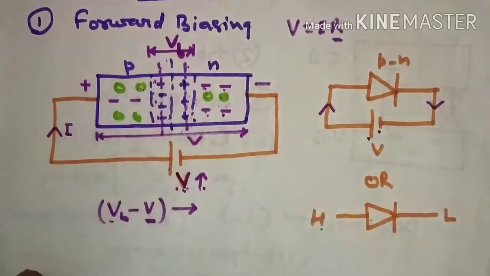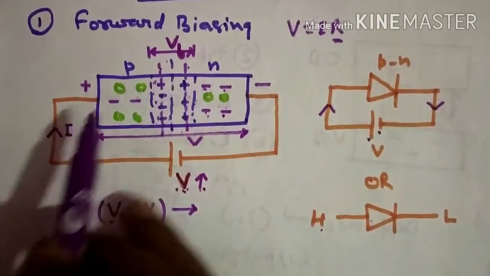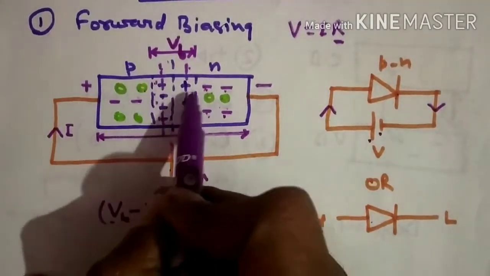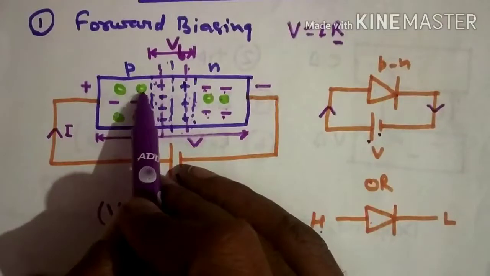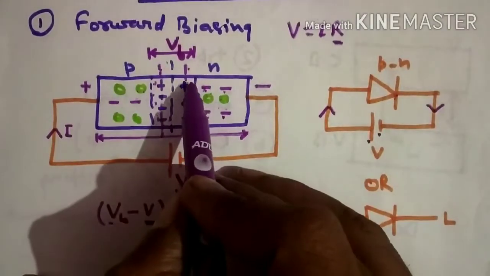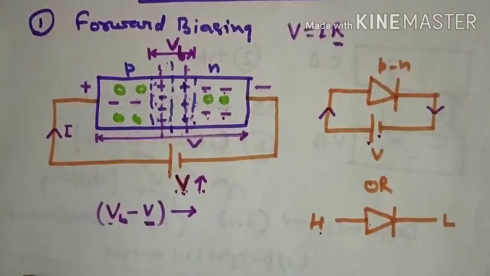Similarly, these holes will be repelled by this positive polarity. These holes will have the energy to cross this junction. When these holes cross the junction, they will start accumulating just outside the depletion layer, near the depletion layer in this N region.